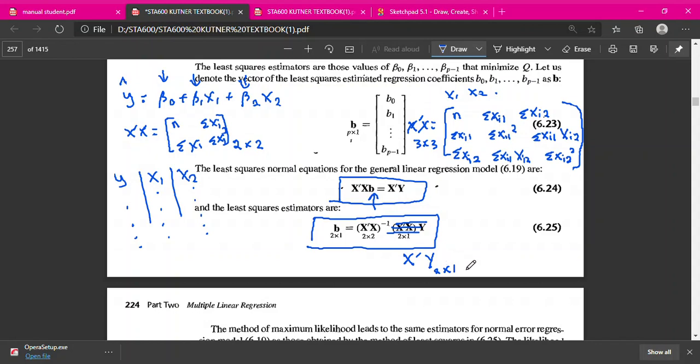Okay, kalau sebelum ni, kalau simple linear regression, it is 2 by 1, which is summation of yi, and then summation of x multiply y. Okay, sekarang kalau kita deal dengan 2 independent variable, so you punya X transpose Y will be 3 by 1 matrix. Okay, so it will be 3 by 1 matrix.